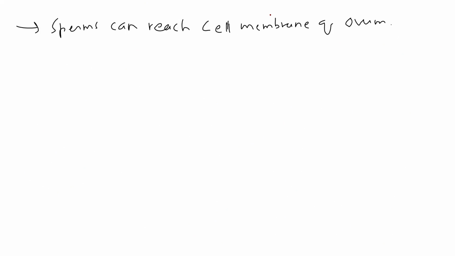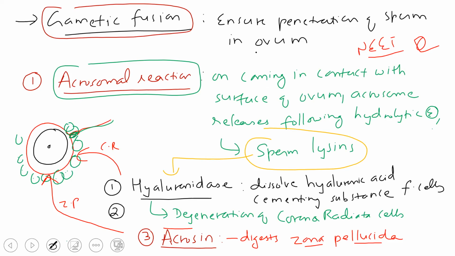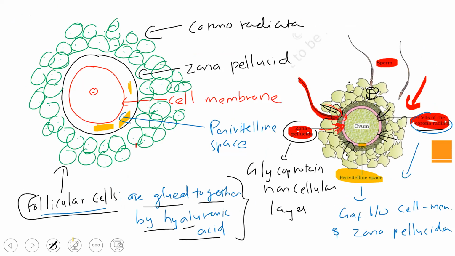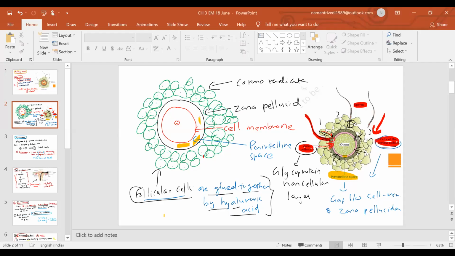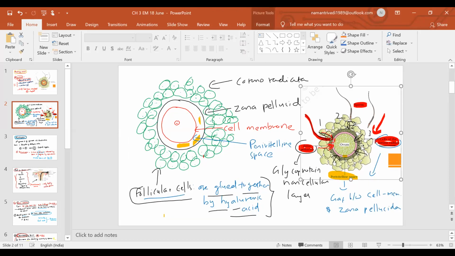There is compatibility between sperm and ovum. The next event will be the compatibility between sperm and ovum. As you can see over here, there are 2-3 sperms, 1, 2, 3, but only one can enter.